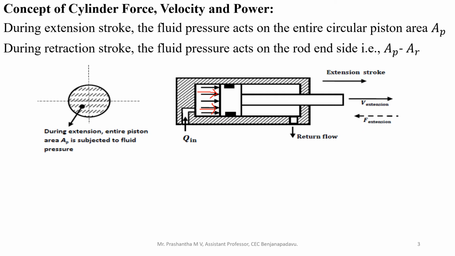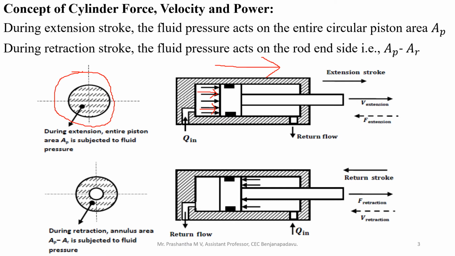This flow acts on the entire piston surface, so this entire piston surface is taken as AP. This area is impacted through fluid flow, and because of this the extension stroke happens, meaning the piston travels rightward, and the piston rod travels outward.